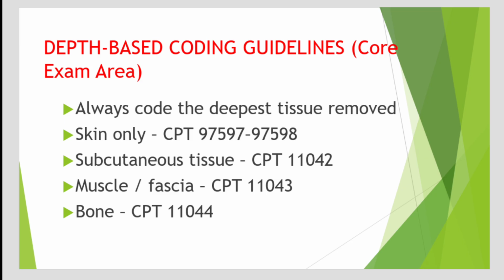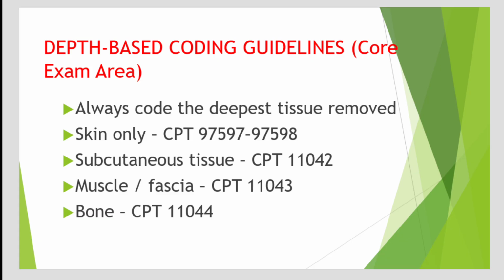Next we'll see the CPT codes based on the depth. For skin only debridement, we have to use the CPT code ranges from 97597 to 97598. If it is subcutaneous tissue, 11042.